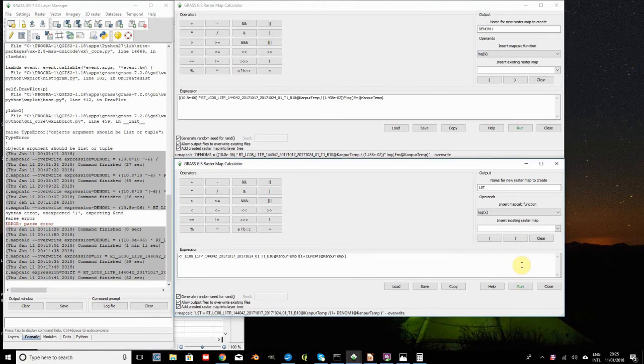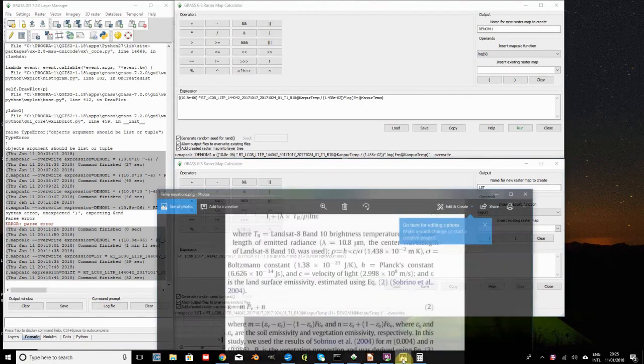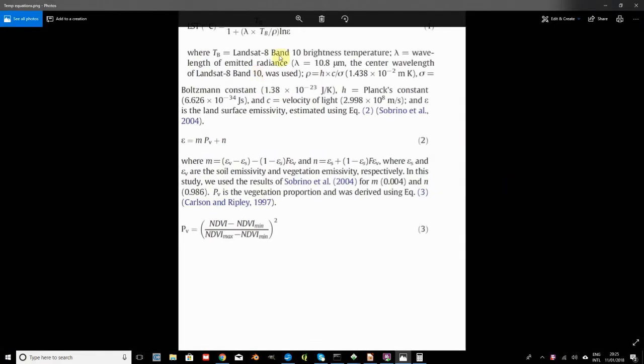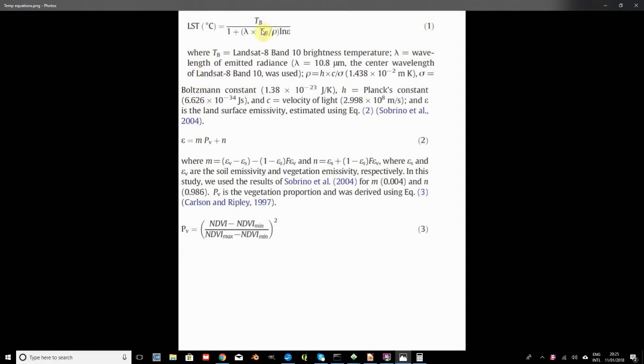Okay, in the end, I have decided to take a few steps and go a slight bit more carefully. If we look at the equation again, we can see the full equation. There we go. So we're going to calculate this expression first and name that the denominator, and then we're going to calculate the land surface temperature.